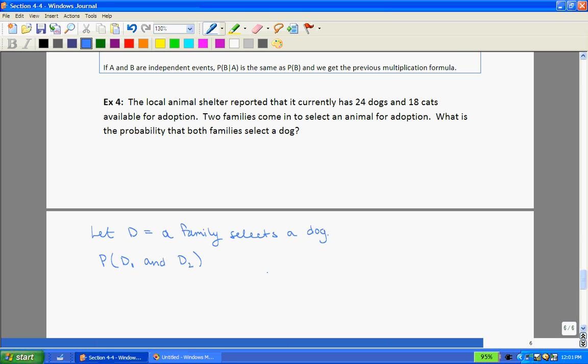They are not selecting from the same pool of dogs, so these are definitely dependent events. So because of that, when I go to write out my probability, it is the probability that the first family selects a dog times the probability that the second family selects a dog given that the first one has already selected.